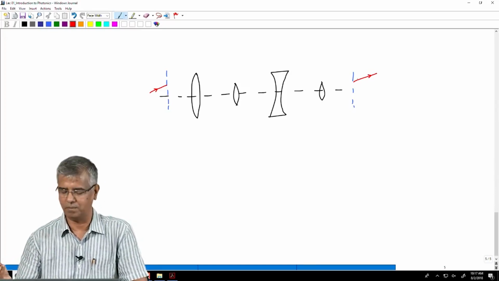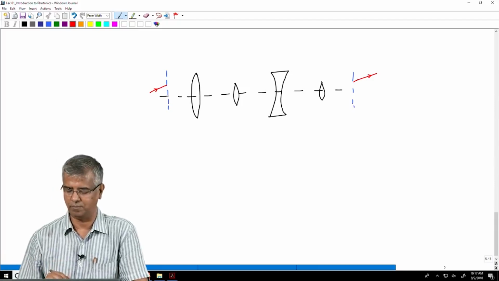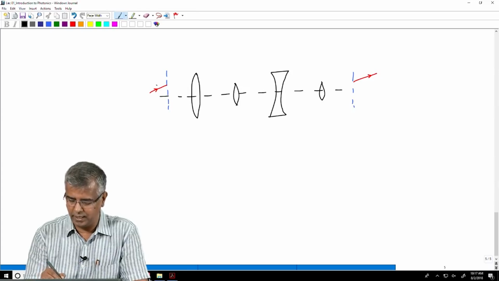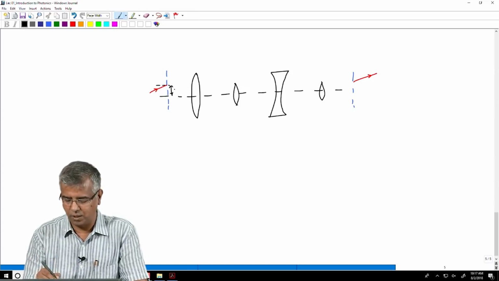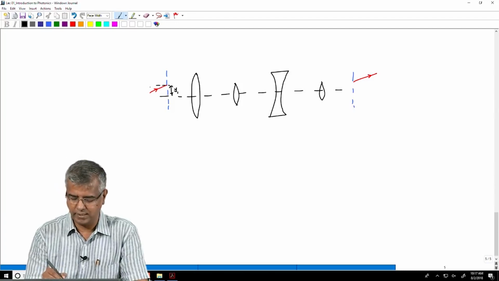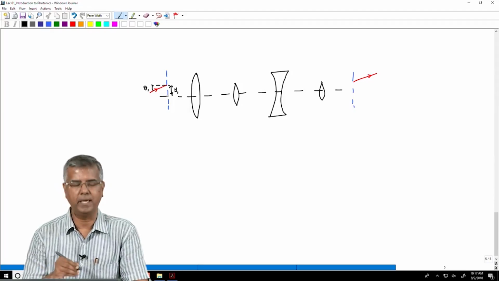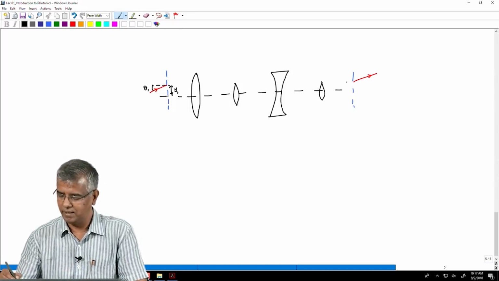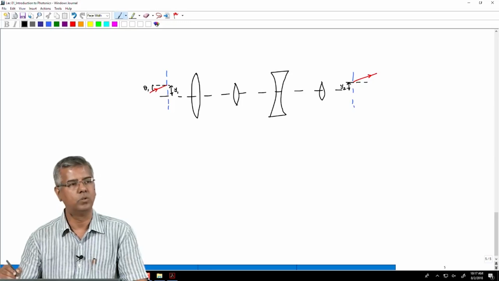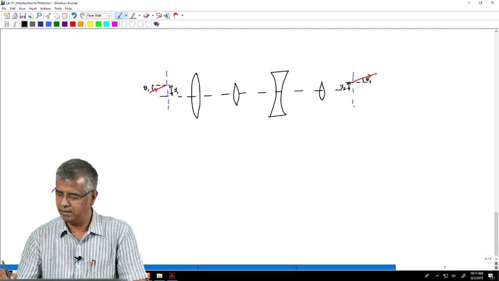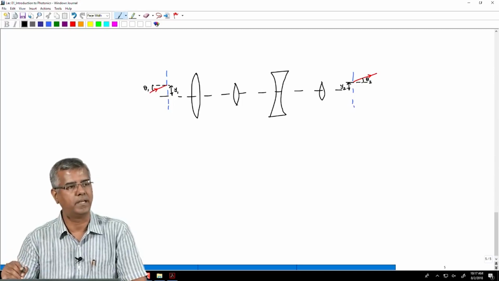That is a typical problem that we look at. So, what you could do is define the distance from the optical axis y1, and let us say it is making an angle theta 1 with respect to the optical axis, and over here you go to y2, and that is exiting the system with an angle theta 2.